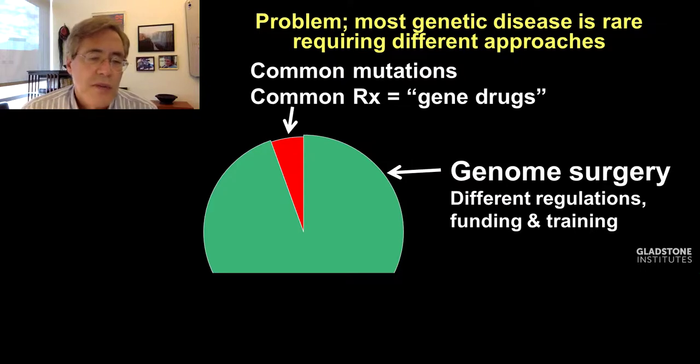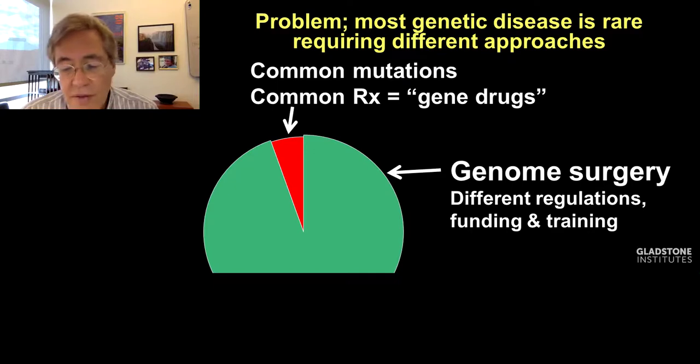The problem with approaching disease with CRISPR is that most diseases require many different approaches. In this pie chart, we see 7,000 diseases, and relatively few of these are common mutations, where you can think about one drug, given as a gene vector, that would be used in many, many people.